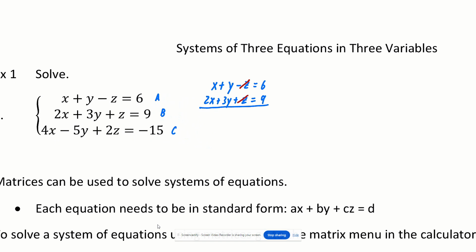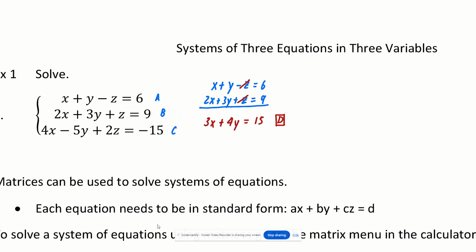With everything else, you just combine them the way you see them. Positive 1x plus 2x, that's 3x. Then positive 1y plus 3y, that's positive 4y. The z's are gone, and then 6 plus 9 is 15. And we're going to call this D. This is the D equation.